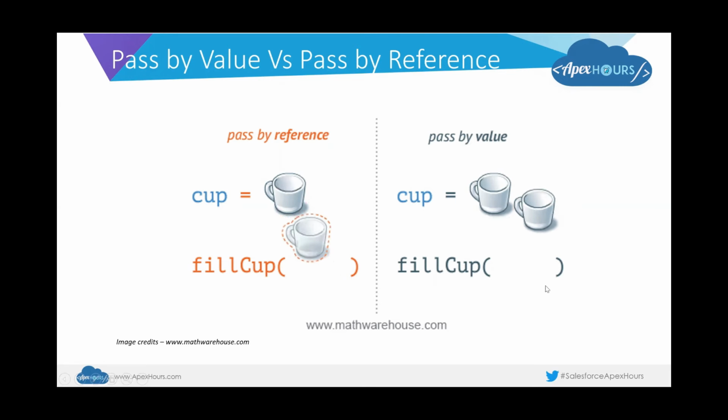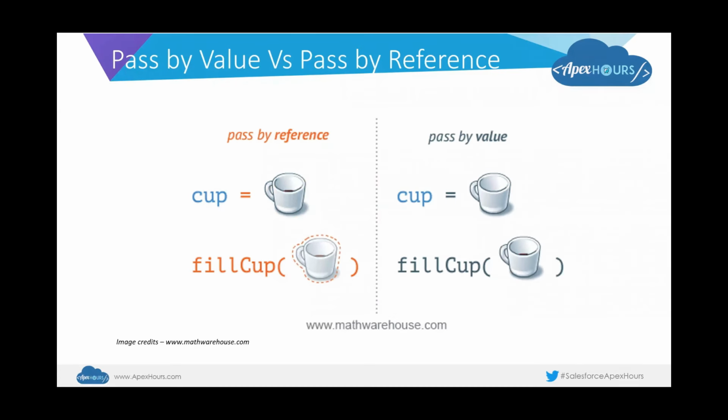So in this example, a cup that is being passed to the fill cup method is actually nothing but a copy of the original cup. Hence, any coffee that gets filled in the cup via the fill cup method is actually being filled into the copy of that cup and not the original cup itself.